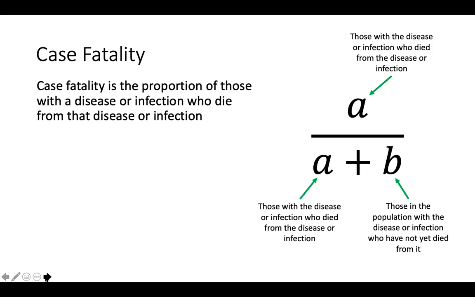For example, if somebody with the disease or infection died in a car crash, they would not be included in the numerator because they didn't die from that disease or infection. They may have died tomorrow had they not died from the car crash, but they did die from a car crash, so we take them out of the estimate.